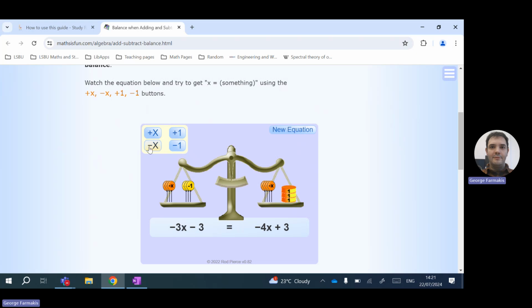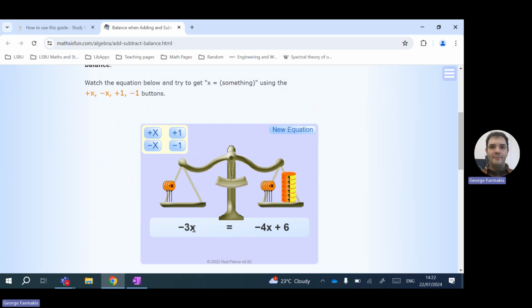Whenever we add or subtract, we do the same to both sides of the equation, so we keep the balance. So we have minus 3x minus 3 equals minus 4x plus 3. If we want to get rid of the minus 3, we can add 1 to both sides. One more time. Okay, now we have minus 3x equals minus 4x plus 6.